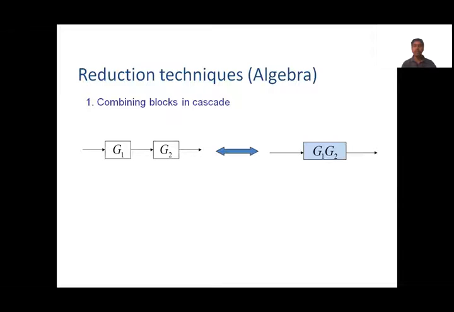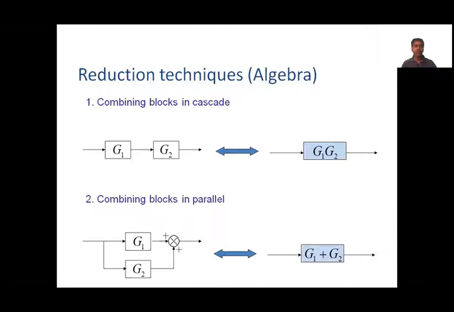So when G1, G2 are connected in cascade, the overall gain is equal to G1 into G2. This is the first algebraic relation. And the second one: if G1, G2 are connected in parallel, then these two are summed up. So the overall gain is given by G1 plus G2.